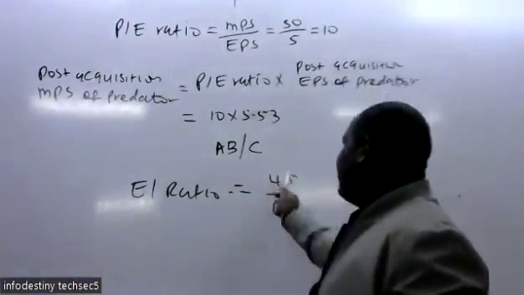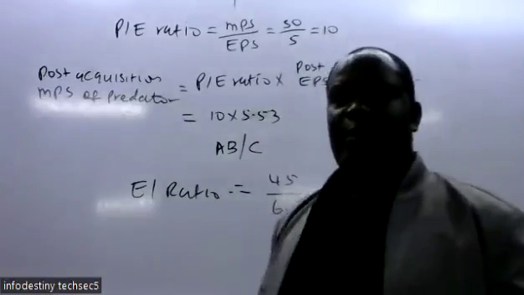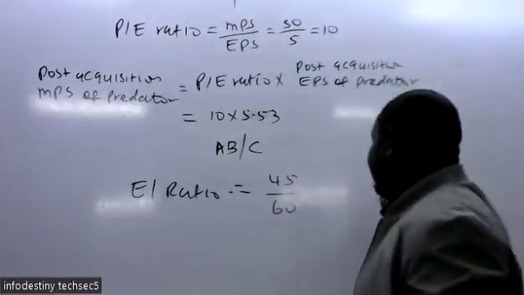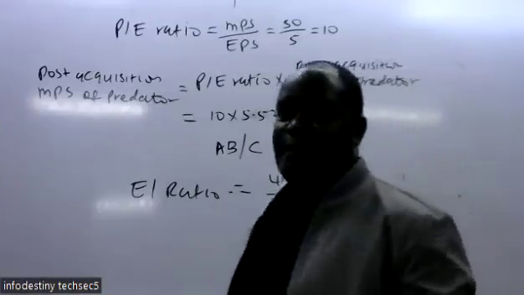Just take 45 divided by 60, then you get the answer for that. Once you get the answer, then you press the ABC sign like that.